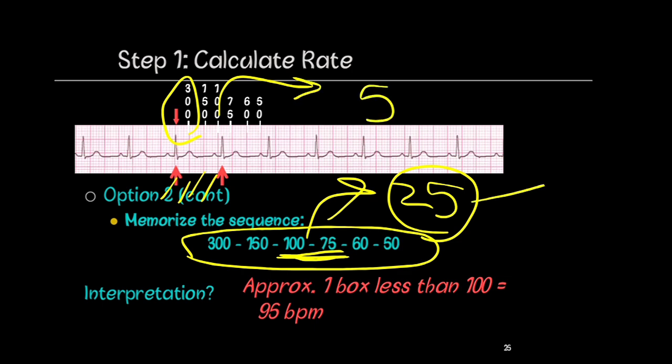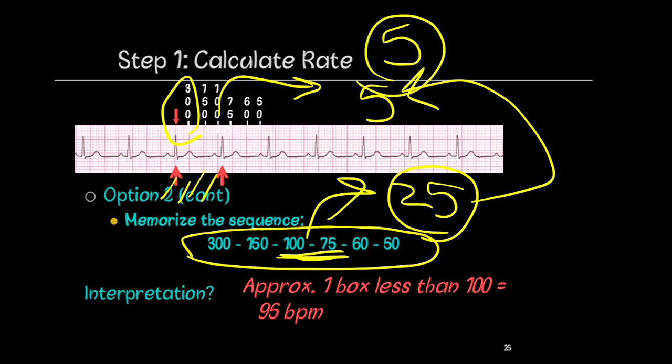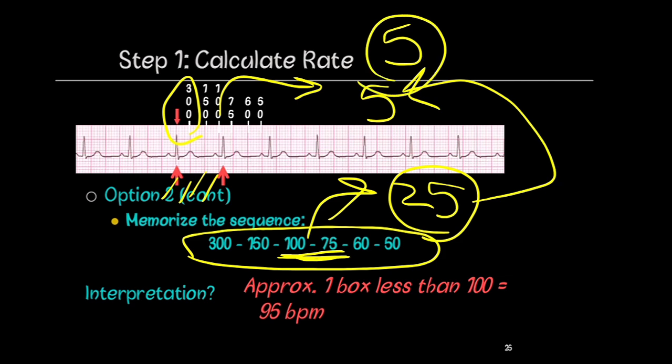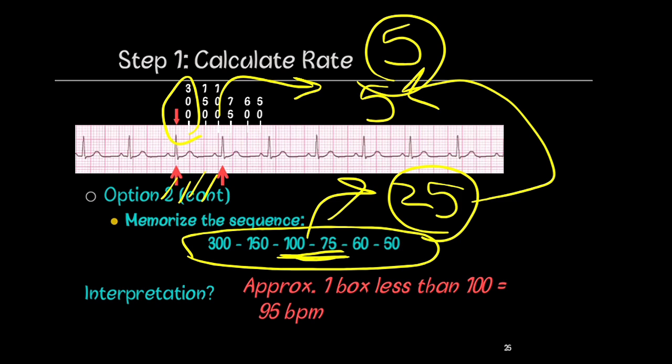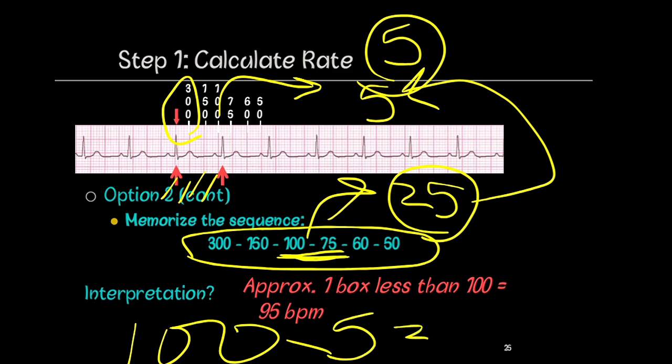So 25 divided by 5 makes 5, which means every small box between 100 and 75 is going to be 5. Now, as this R wave was just a small box less than 100, we can say that the heart rate was 100 minus 5, which makes 95. I hope this is clear to you.